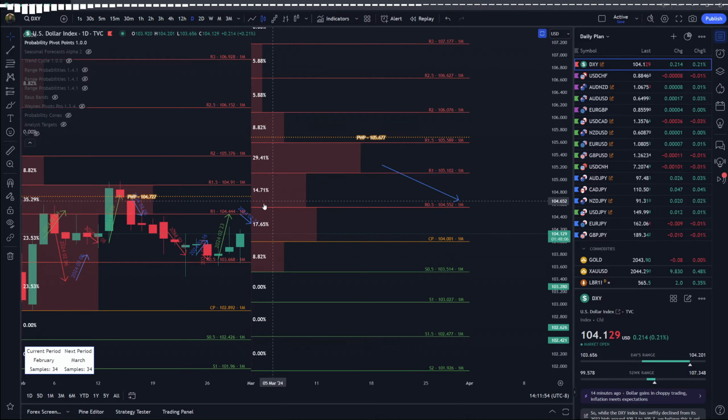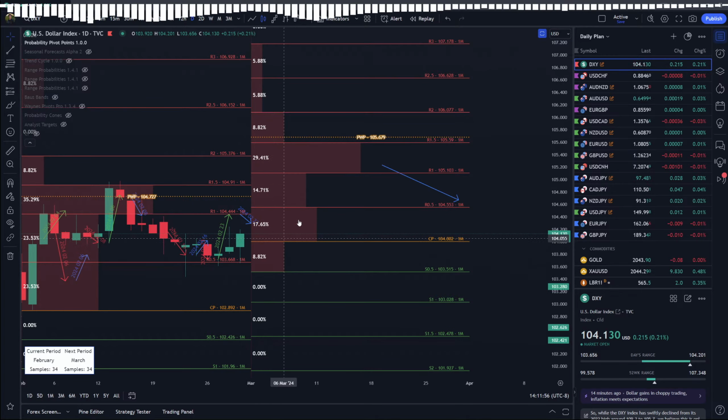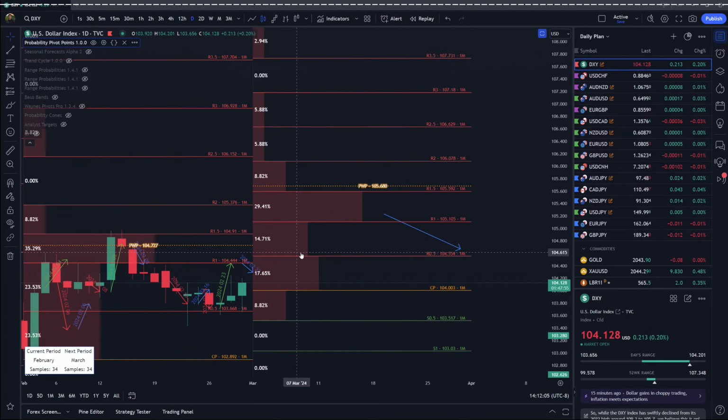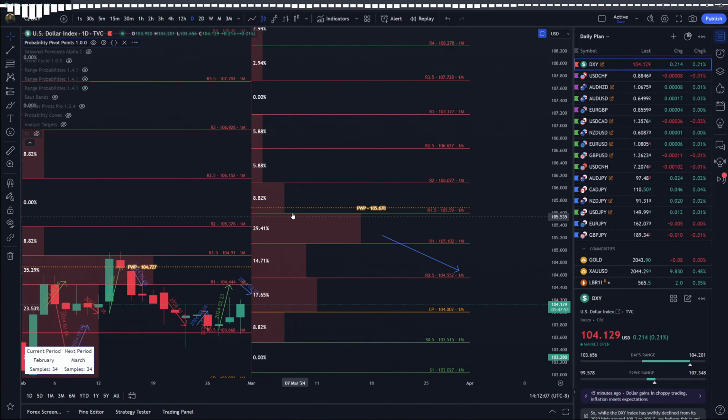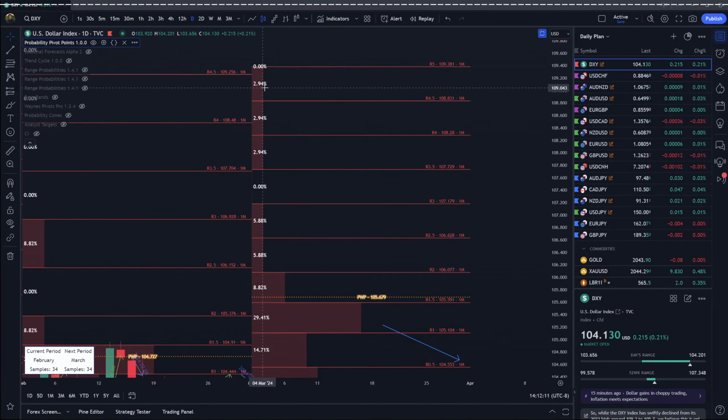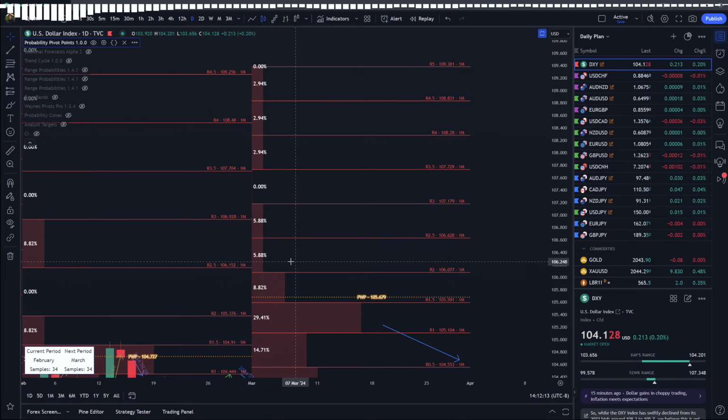So yeah, you don't always get your high in this area. This is actually still a considerable probability of getting your high somewhere here between 105, right? And then once you get to the edge here, you can see your odds start to look very thin and very low.